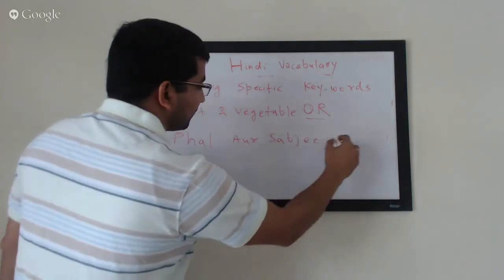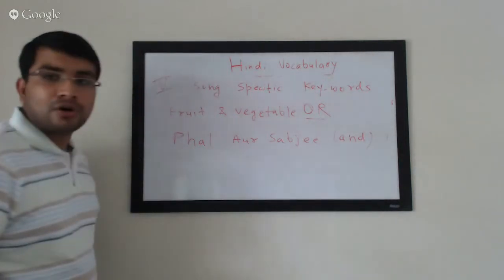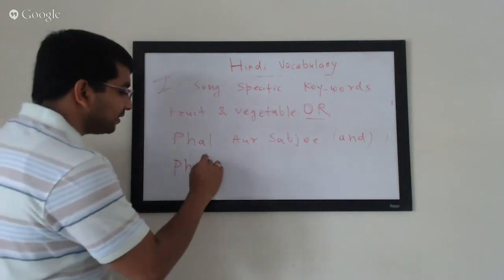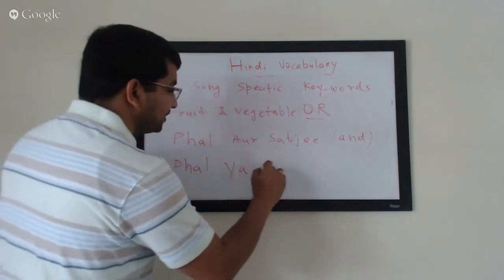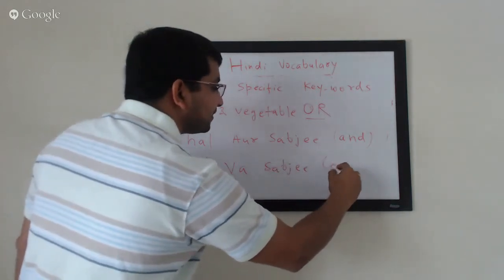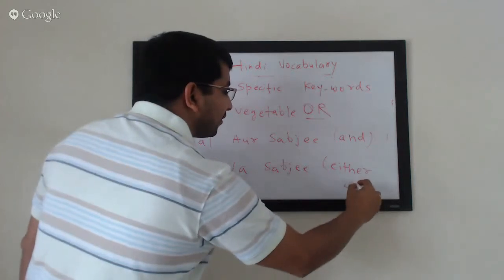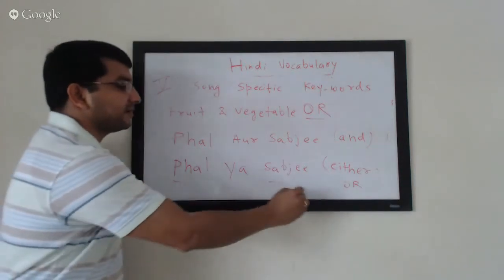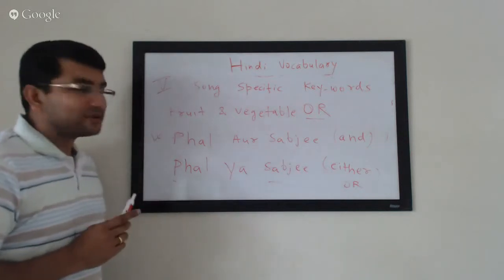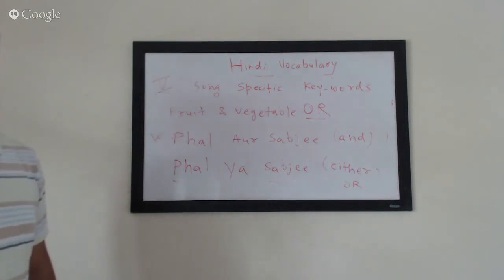If the doctor is saying that, that means you should eat both of them. However, if they're telling you you should eat fal ya sabzi, that means they're telling you to eat either one or the other, either and or. So don't eat both of them, either this or that. However, in the other case, you should eat both of them. So it's an important difference, and I think it's good to remember it as well.